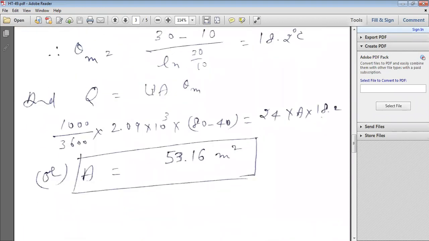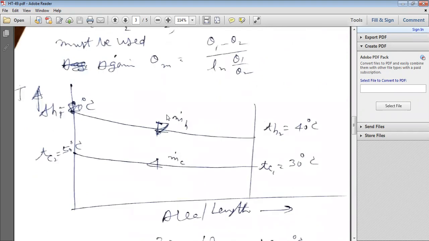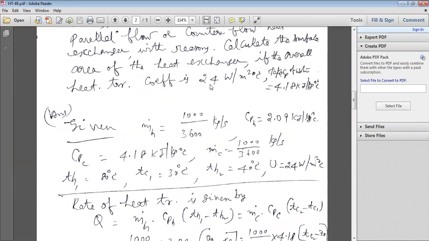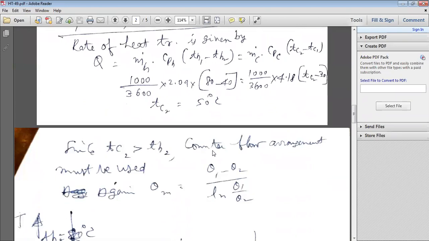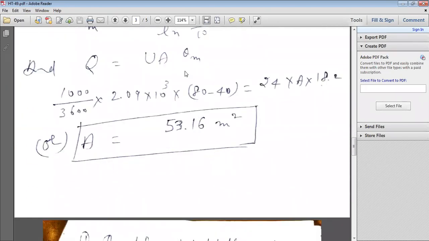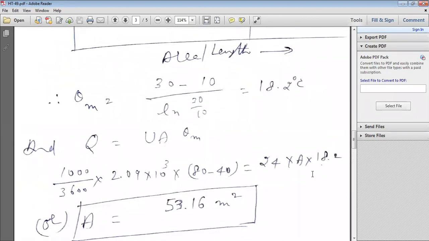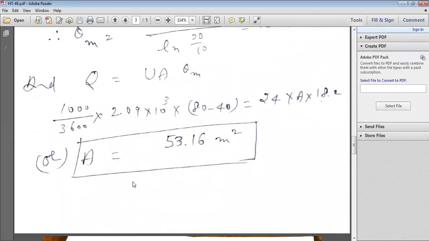That is equal to the overall heat transfer coefficient, given as 24 watt per meter square Kelvin, into the area to be found, into theta mean 18.2. From this relation, you get the area of the heat exchanger as 53.16 meter square. In the SI system, the unit of area is meter square.